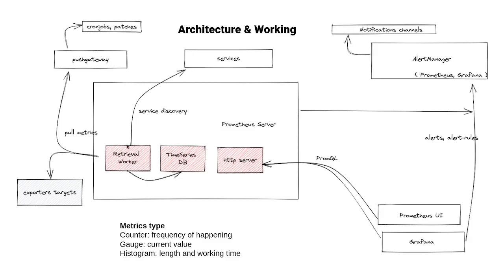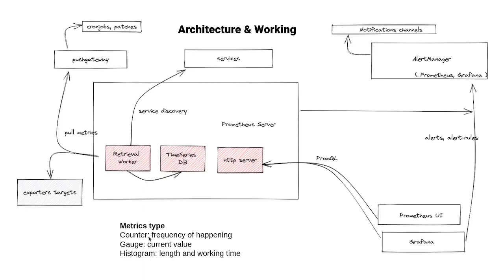The metrics have basically two types of data. One is type, one is help. The help is actually the description of the data. The type: there are three types of metrics. One is counter, one is gauge, and one is histogram.